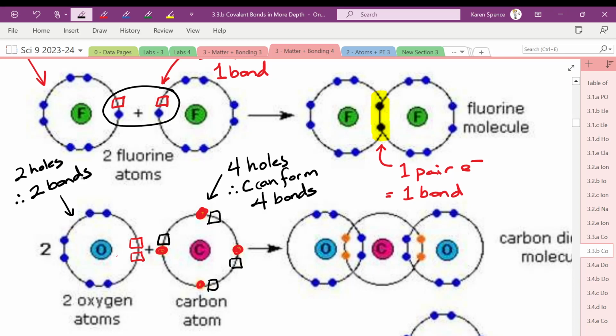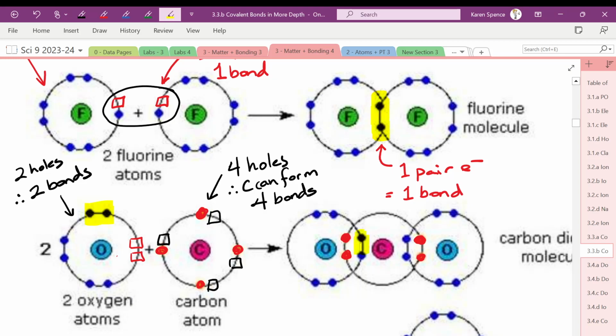So what we're going to see over on the right is that carbon, you can see carbon's electrons are shown in yellow here. I'm going to go over them in red just to make it an active process. So there's my 4 electrons from carbon, and each oxygen atom has to share 2 of its electrons.